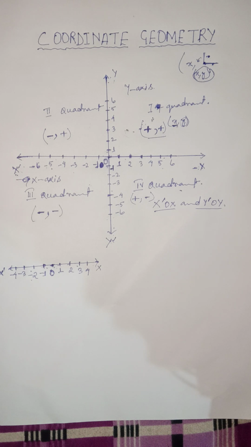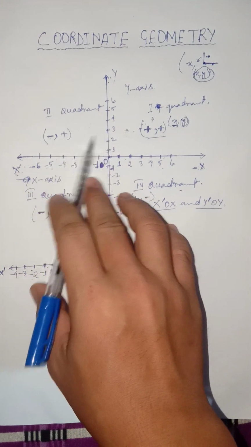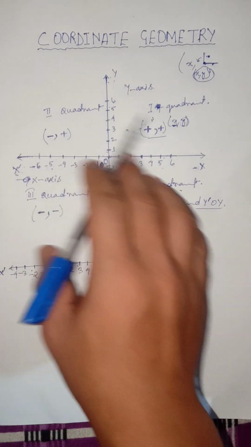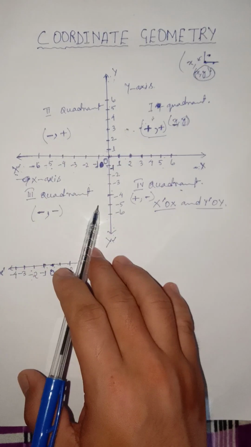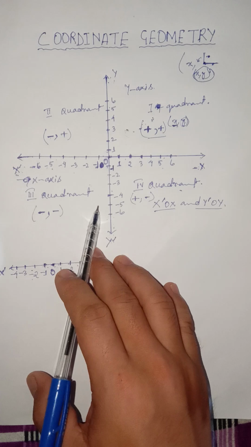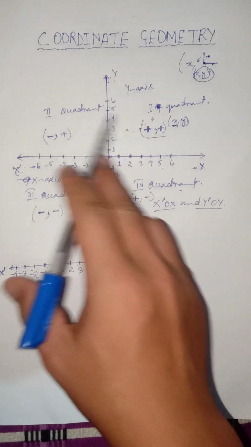Alright, if it is clear to all of you, then I will move to the next point, which we call the Cartesian plane or coordinate plane or XY plane. It is easy. If it talks about Cartesian plane or coordinate plane or XY plane, simply it means all the planes which comprise all these four quadrants. So we call it the Cartesian plane, coordinate plane or XY plane.